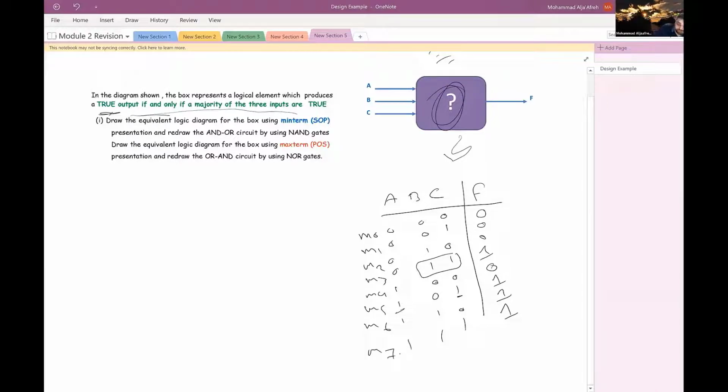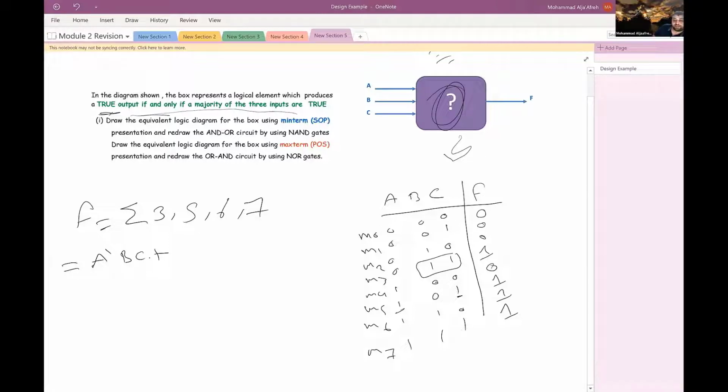So function F can be described using the canonical sum of product standard as the sum of what? Of 3 and the sum of 5 and 6 and 7. Okay? So how can we get that? It's basically A prime B C plus. What if we have 4 inputs?